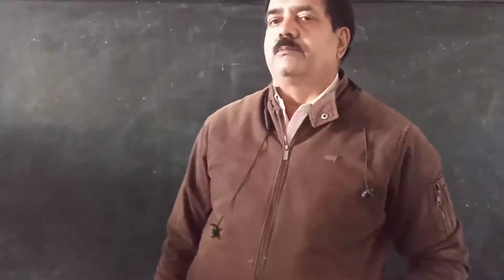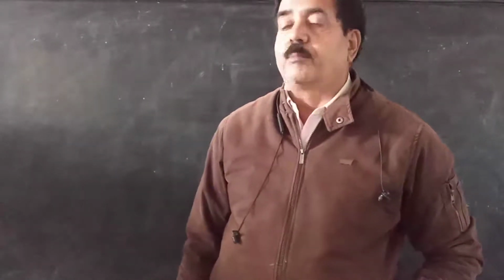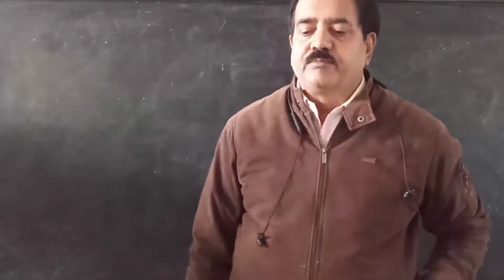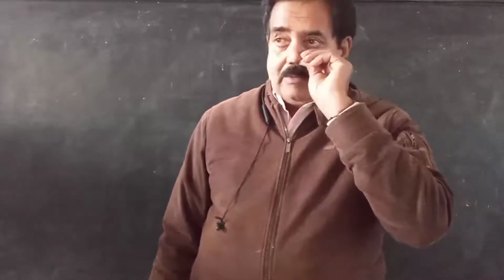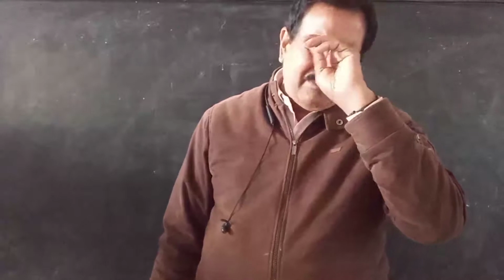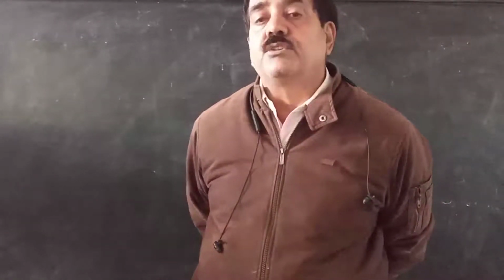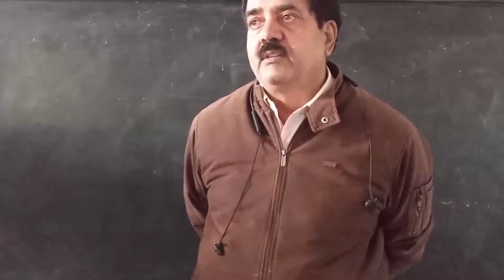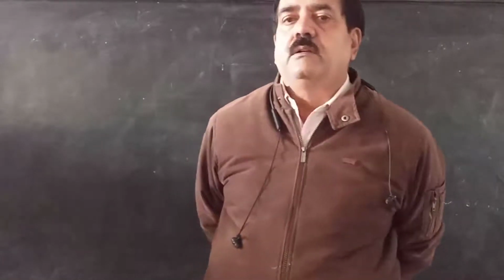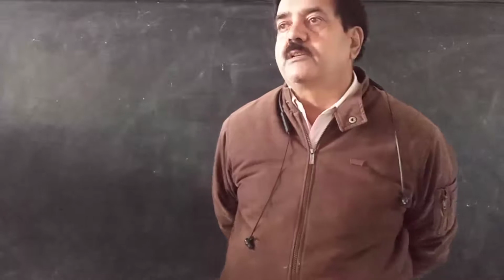Today I am going to solve chapter 7, that is problems based on simultaneous equations. So, problems based on simultaneous equations, this is the question. Chapter 6 you have solved simultaneous equations. Same question, but first it is given in statement form.